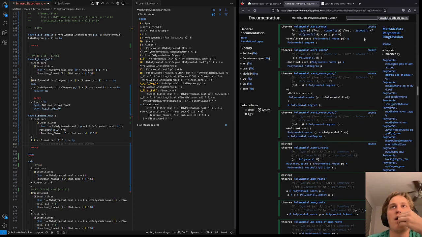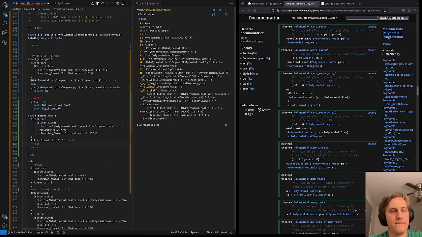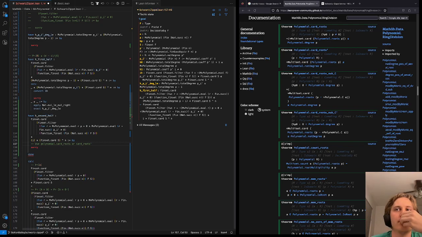Yeah. Polynomial dot card roots. Maybe. Yeah, so it's going to involve one of those two things.